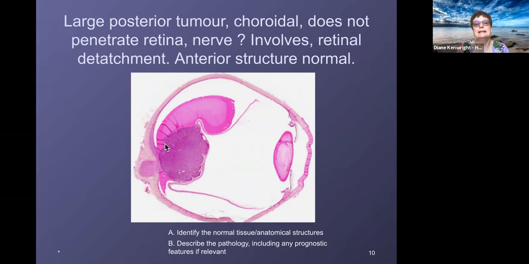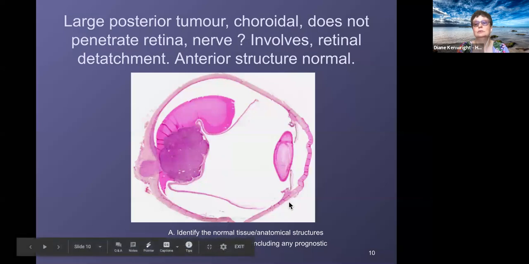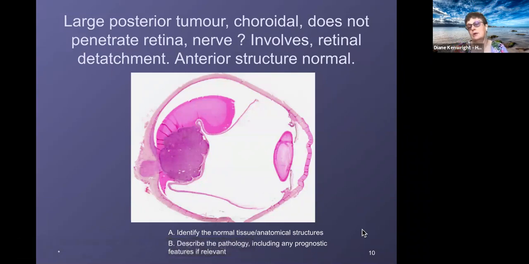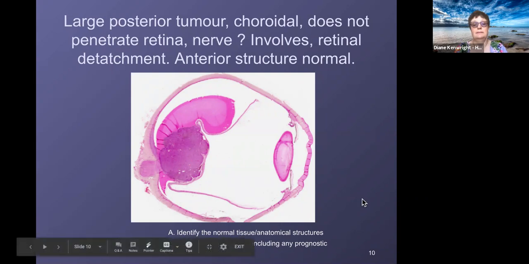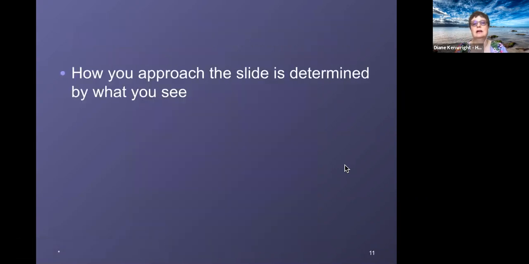Grossly, we can't see any penetration of the sclera, and the remainder of the eye looks normal. So even before looking at those cells, we have a good idea that this melanoma will be confined to here. But it's important to say all that at low power before you go on to high power.